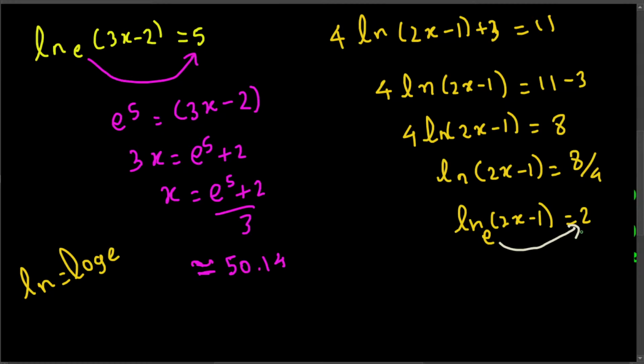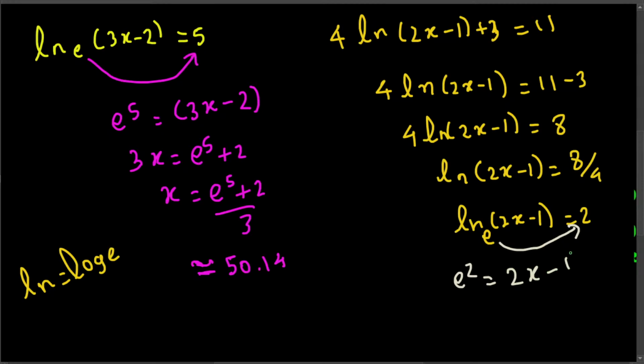If you watch my previous video, you will get an idea that whenever we have a base, we can bring it to the other side and make it an exponential equation. So that's what we are doing right here. We bring it to this side, so that's going to become e square is equal to 2x minus 1.